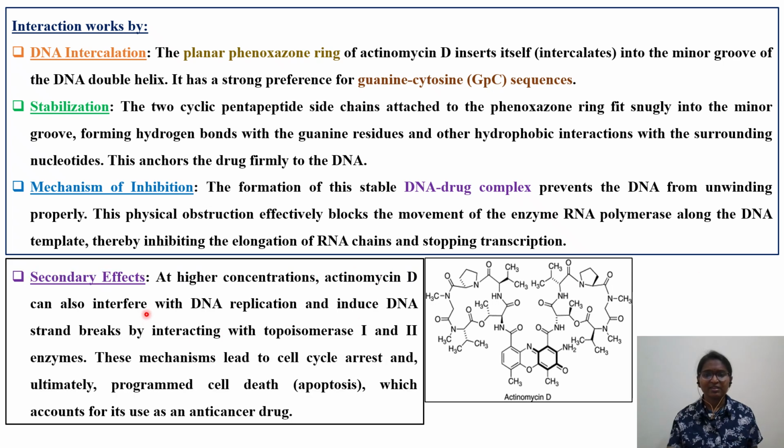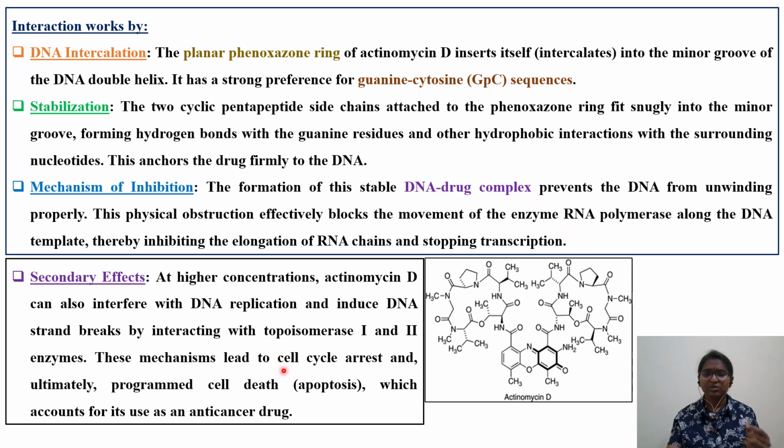If you look into the secondary effects of actinomycin D at higher concentrations, it can also interfere with DNA replication. The primary thing is to stop RNA transcription. Second, it can interfere with DNA replication and induce DNA strand breaks, by interacting with the topoisomerase 1 and topoisomerase 2 enzymes.